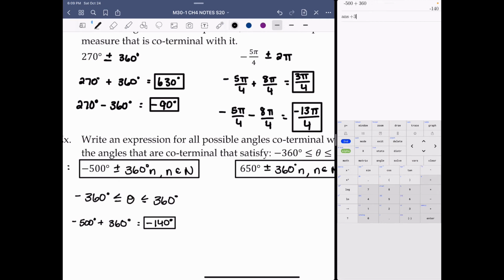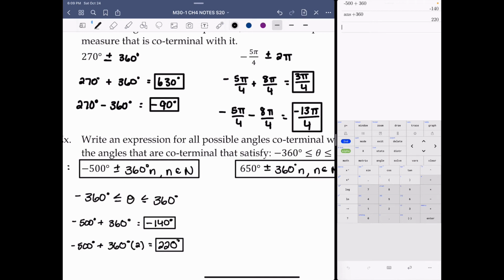Do it in our calculator. Plus 360, we get 220, which is also greater than or equal to negative 360 and less than or equal to 360. So negative 500 degrees plus 360 degrees times 2 equals 220 degrees, which also satisfies the requirements.